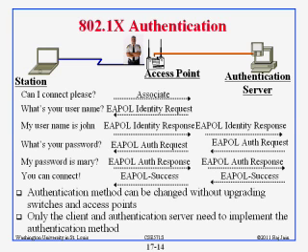All right. Actually, that is already written here. The authentication method can be changed without upgrading the switches and access points. So this could be an Ethernet switch in normal wired Ethernet networks, or an access point in the case of wireless. And so they are like security guards. I've shown you a picture of a security guard. You go to a company, and at the front desk there is a security guard sitting.